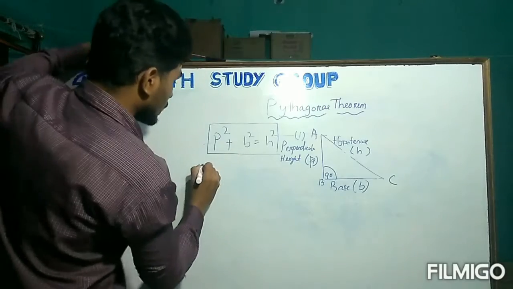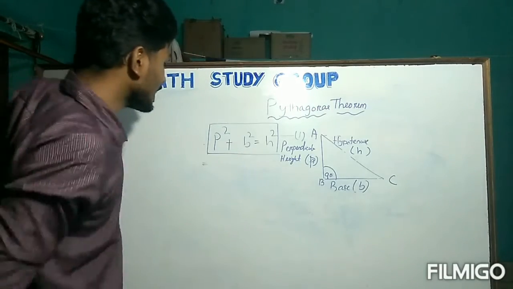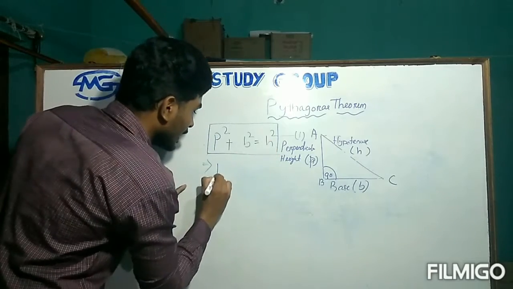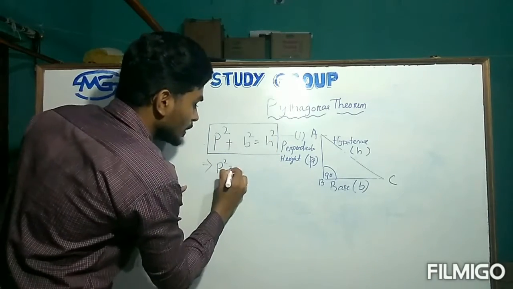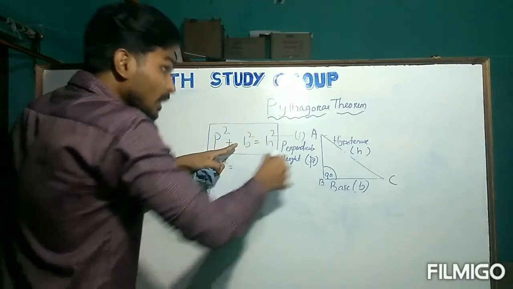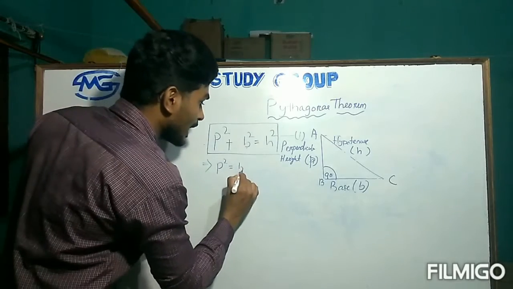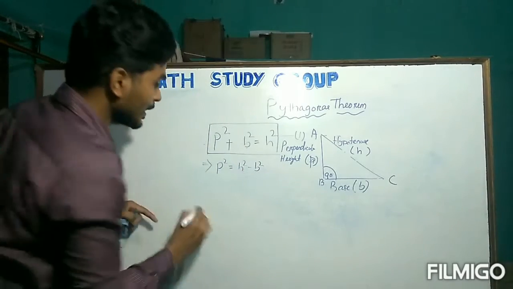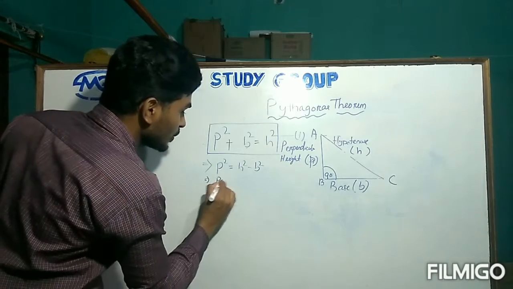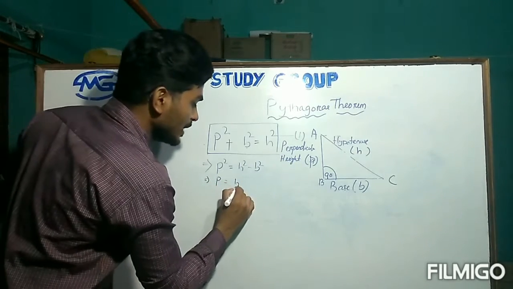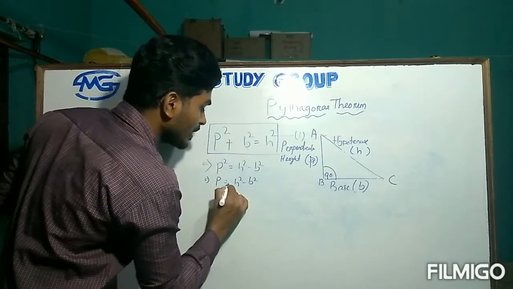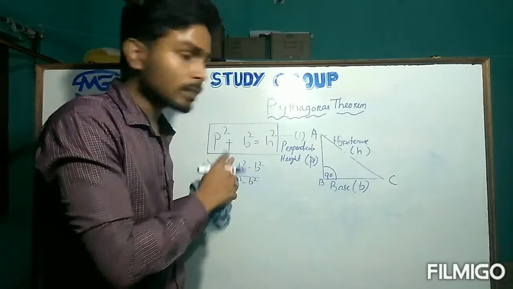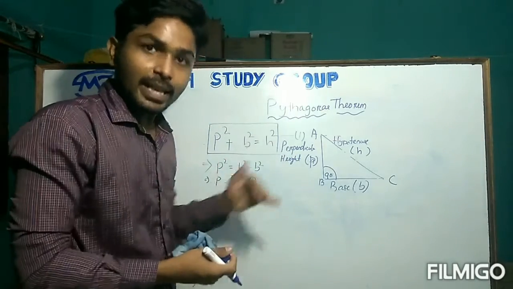Okay, what is that? From here we can calculate p square. If b square moves to the right side, then on the right side it will be minus b square. Then p is equal to the square root of h square minus b square. Why is it a square root? Because whenever a square term moves towards the right side, it becomes a square root.